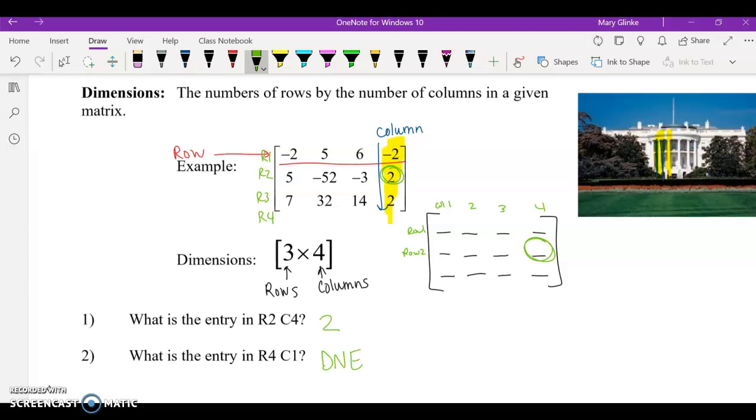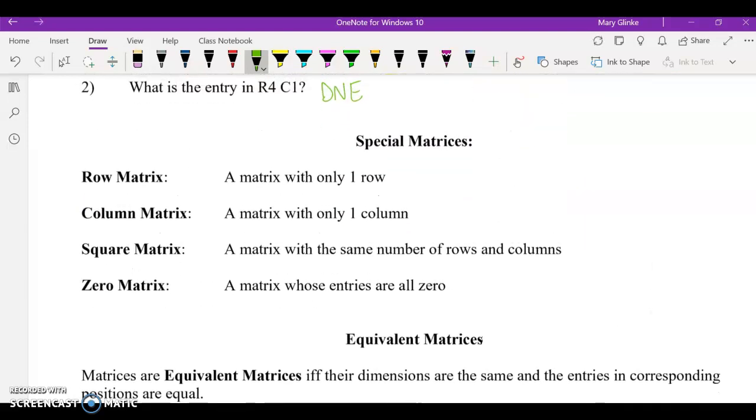Now, there are a bunch of different matrices. You can have pretty much any number of rows and columns, and there are some special ones. A row matrix is one that only contains one row. It can have a number of different columns, but there's only one row.